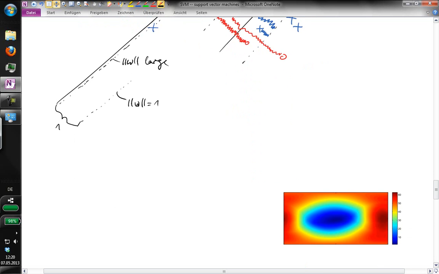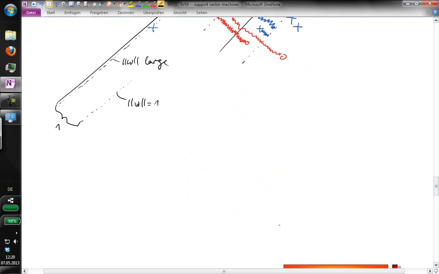So our minimization problem could look like this. We want to minimize the sum of these loss functions, and we optimize over parameters W and b. And I could now say I want this such that the norm of W is 1.